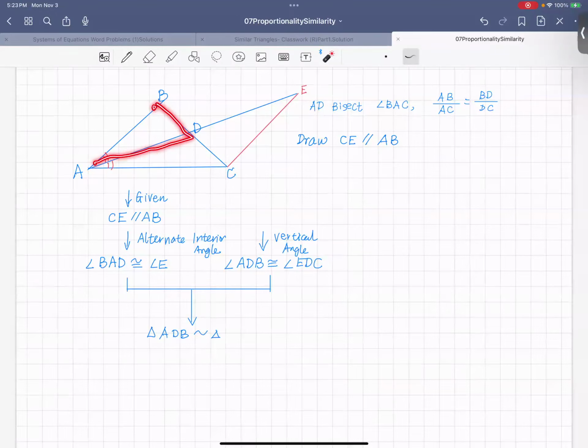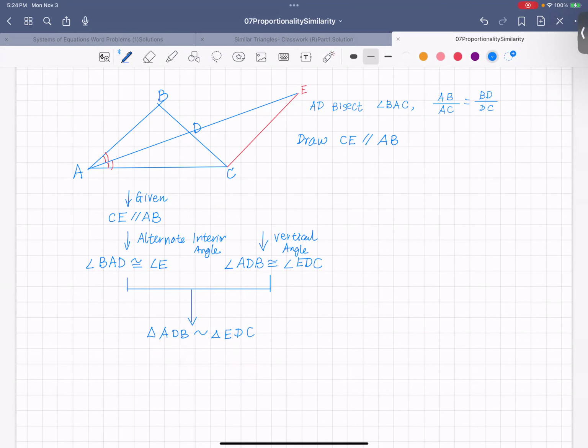Yes, A to E. You have to make the points corresponding, okay? A to E, right? A is the same as that. So A to E, D to D, and then the last one is B to C. You got it?